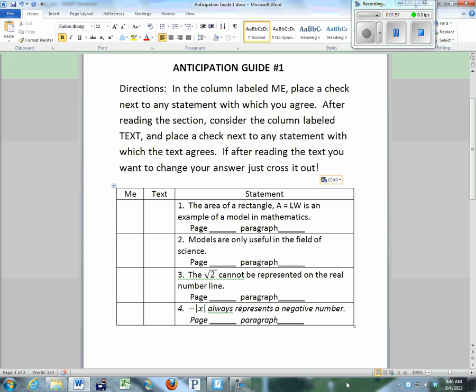Now we're down to number 3, after 1 true, 2 trues, and 3 falses. So number 3 was another one: the square root of 2 cannot be represented on the real number line. So who wants to argue that one as a true or a false? An agreement or a disagreement? Square root of 2.